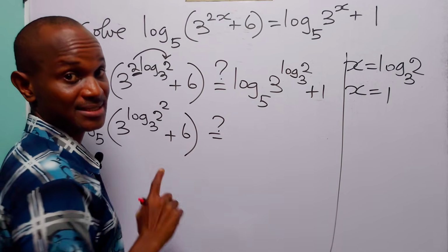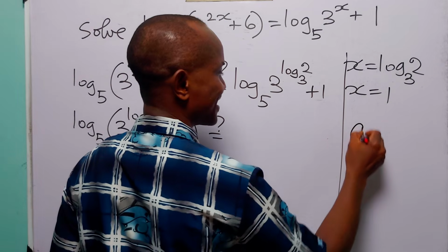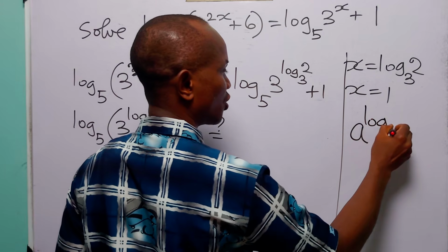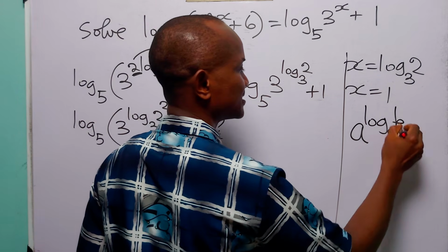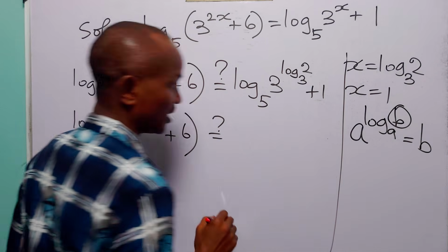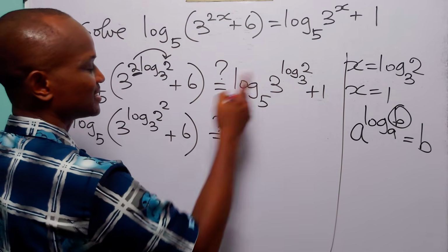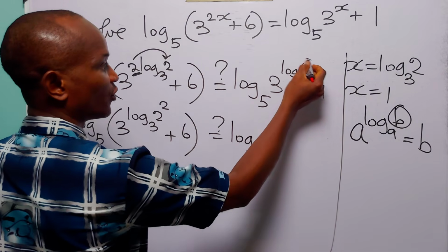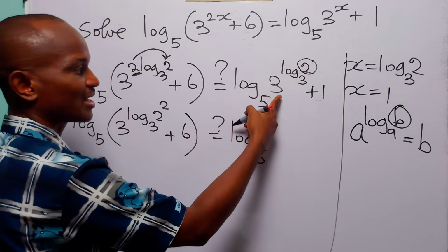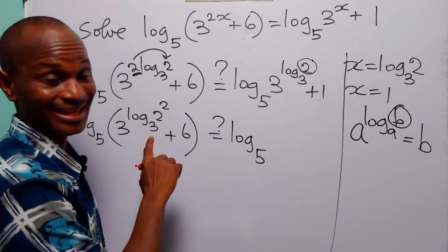Now let us look at this. Remember that a to the power log to base a of b is equal to b. So that simply means that this is the same as log to base 5 of 2, because here we have 3 to the power log to base 3.